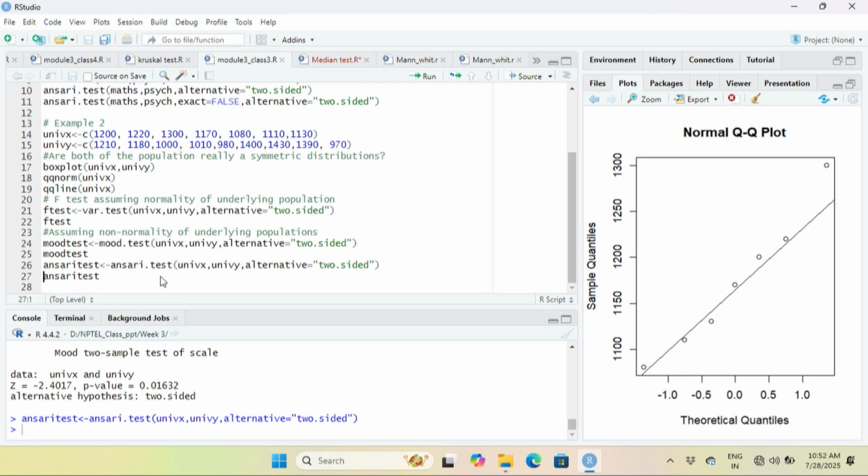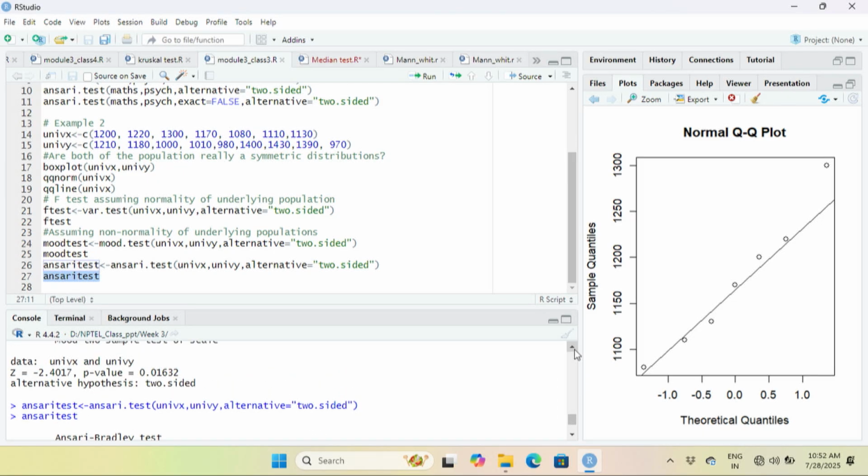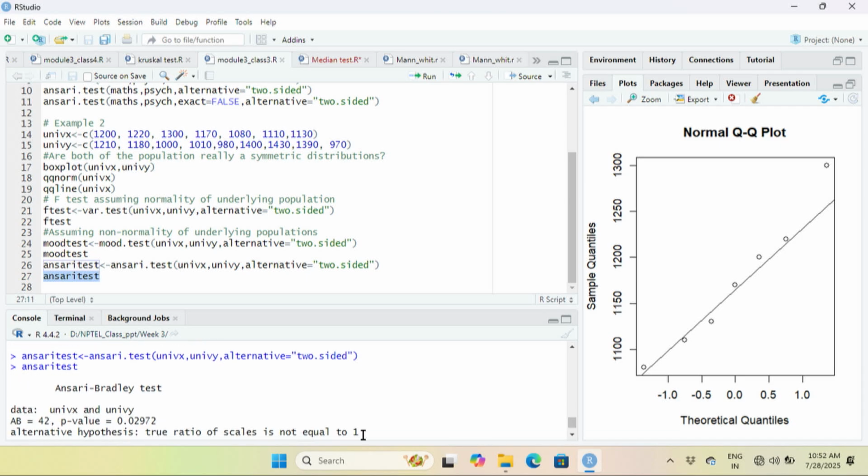You see ansari.test, and what is the output for the Ansari test? It is completely different, but look at the p-value. The p-value is 0.029. So this p-value is also less than 0.05. You can have the idea of rejecting the null hypothesis.